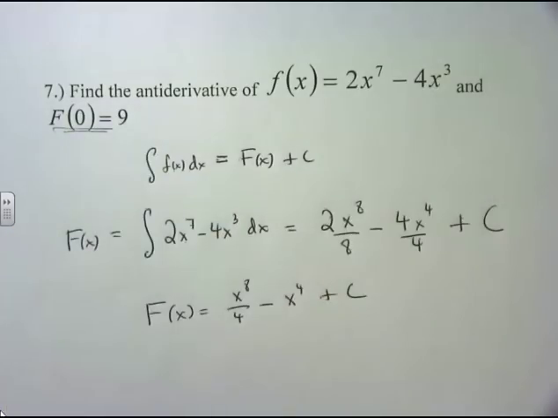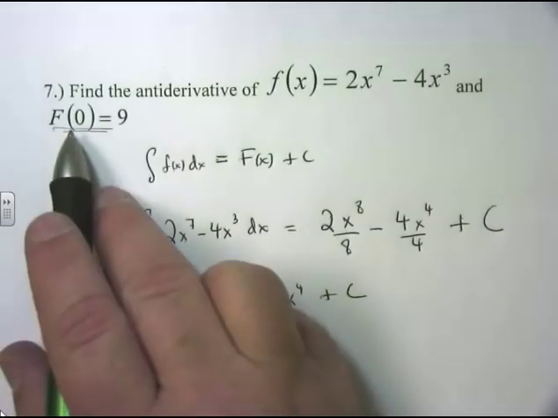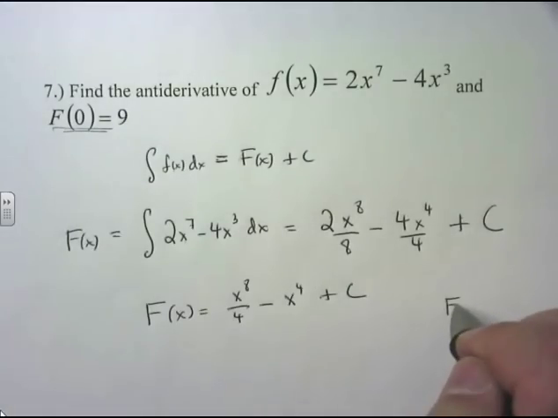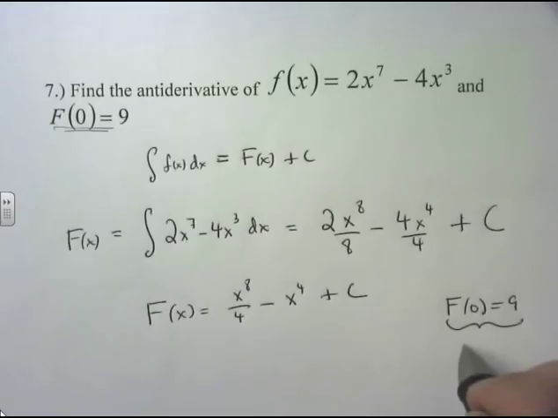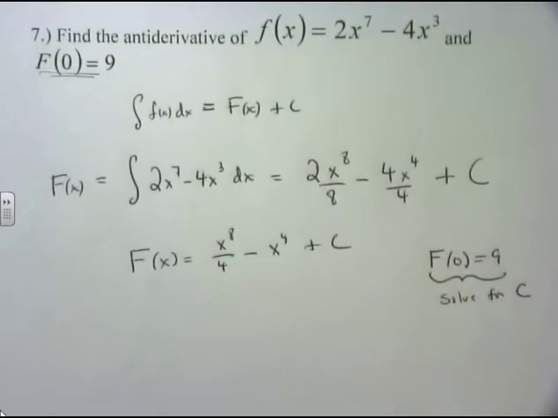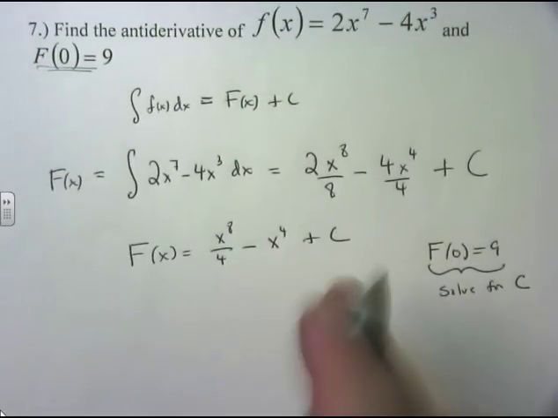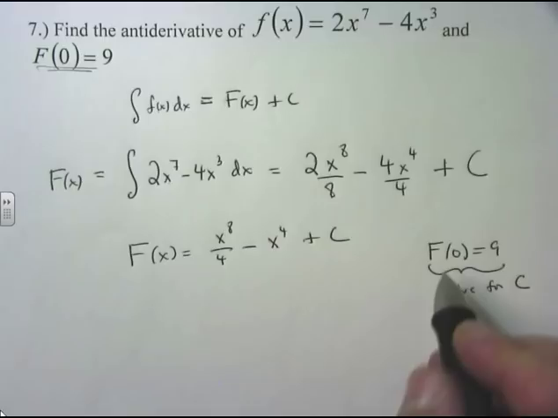Every time I take an antiderivative, I get this plus c. But if I want a particular solution, they've got to tell me at least one little piece of the puzzle about the original function. Here they're telling me f of 0 equals 9. This information is to help solve for that plus c constant. We'll plug it in.